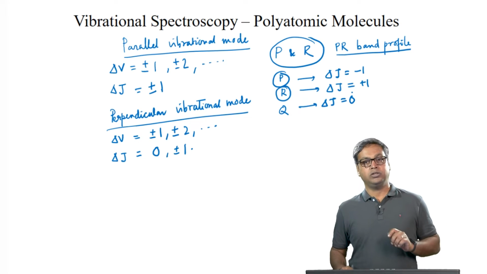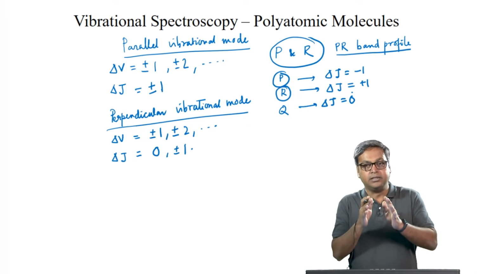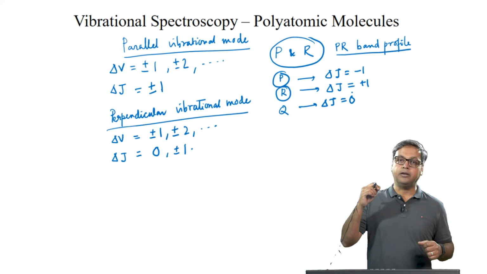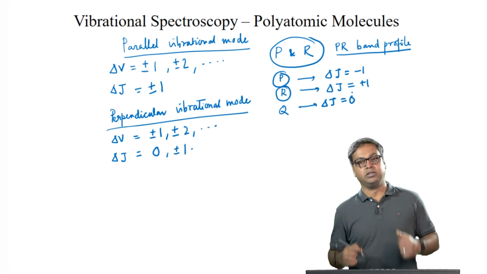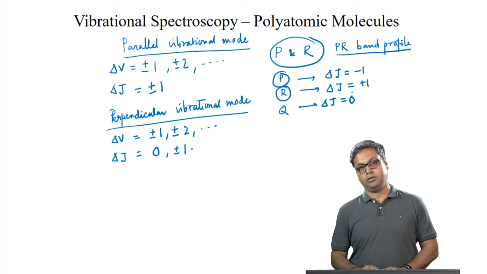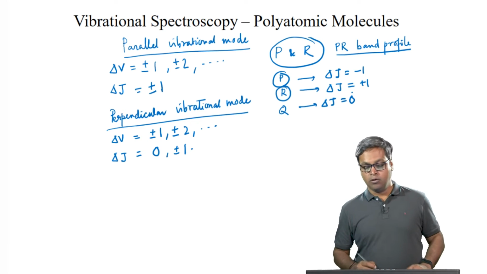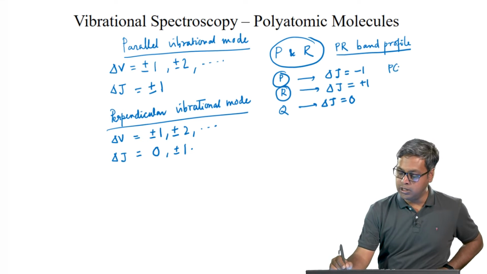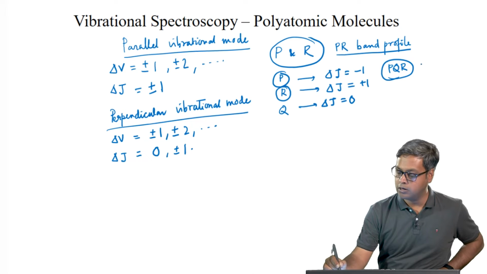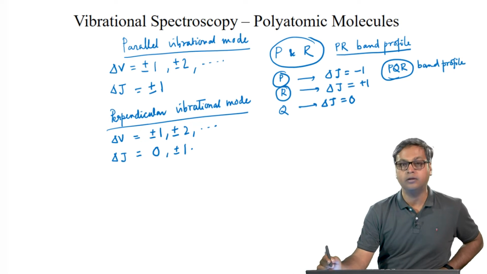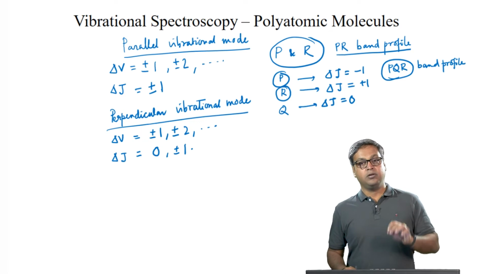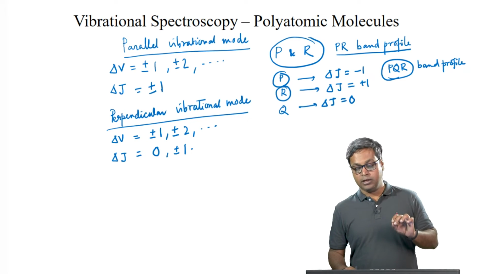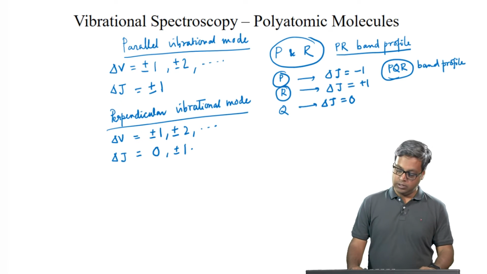The Q branch will be right in the center of the P and R branches, and all the Q branch transitions are going to be overlapping. So, we get what is called a PQR band profile. The Q branch appears because delta J equals 0 is allowed.